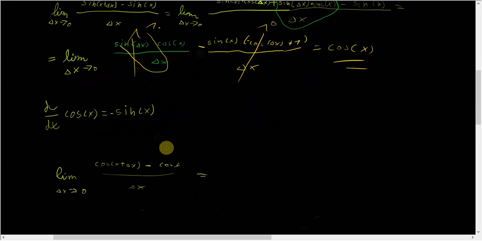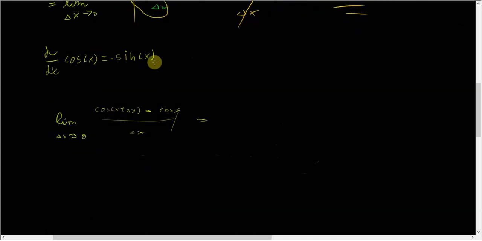Now, we're going to prove similarly, using the same technique. You can pause the video and do it by yourself if you wish to. If you don't, you can do it with me. So we are going to prove that the derivative of cosine of x equals minus sine of x. Again, using the equation I showed in my trigonometry videos, we'll rewrite this.